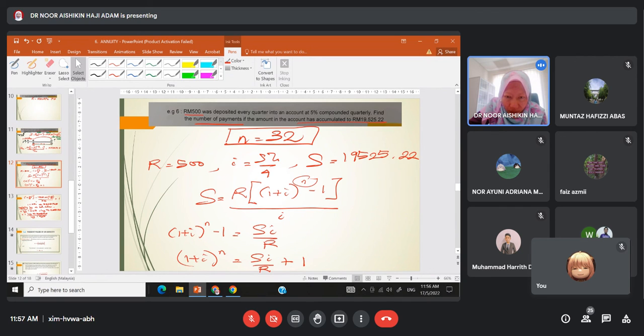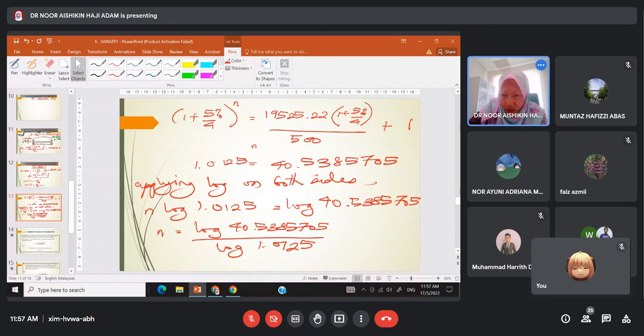S kita betul. S 19525.22 times I. Your I is 1 plus. Saya dapat 32, betul tak? Saya silap kat mana? Tapi saya tak ikut cara doktor, saya tak faham yang ni.